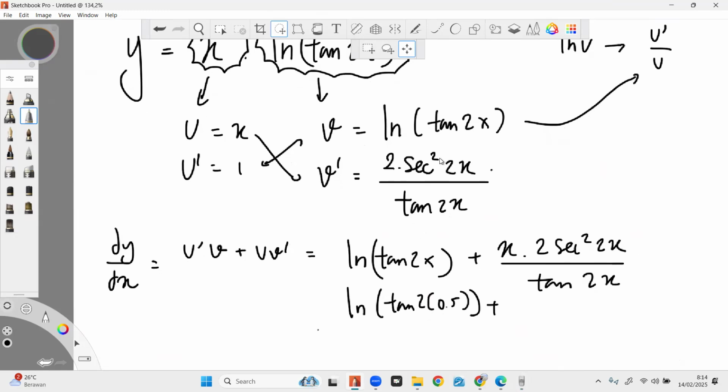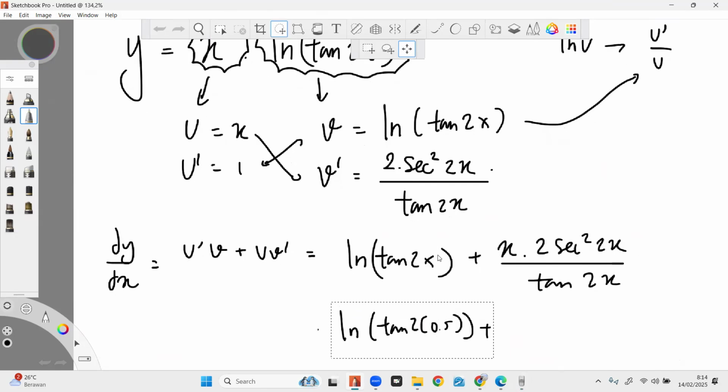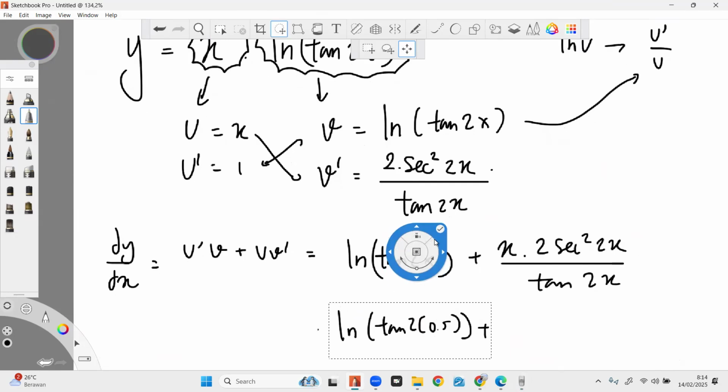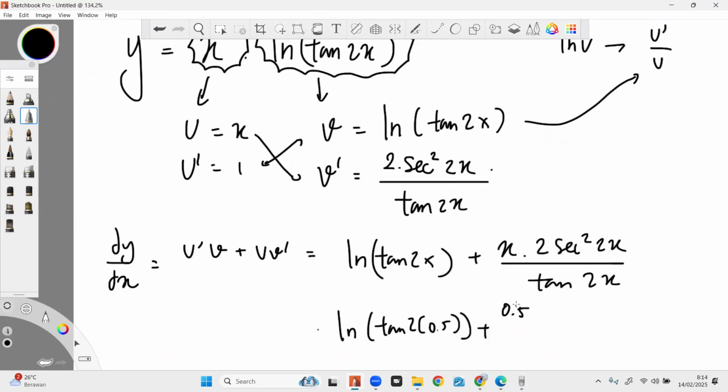And then plus 0.5 times 2 sec squared 2 times 0.5. Okay. Or I think we better put 0.5 as half, guys, for easy visualization. 2 times half, see? Easy. Tan 2 times half.